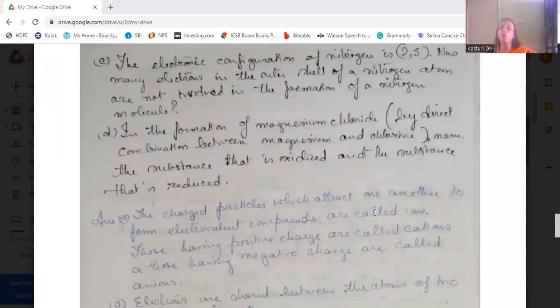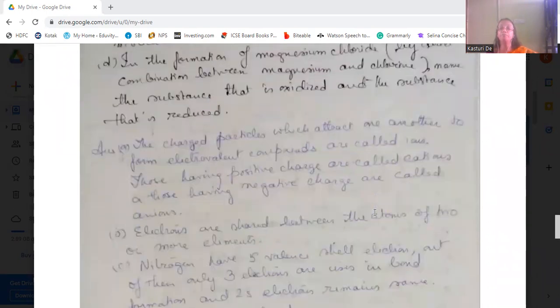Those with a positive charge will be cations or positive ions, and those with a negative charge are known as anions, or negative ions.